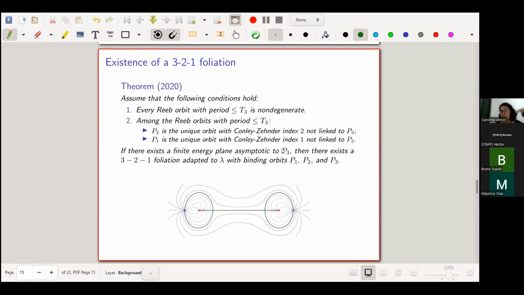And the idea is that we assume all the conditions, and we assume that every heavy orbit with period smaller than T3 is non-degenerate. So we are not assuming that everything is non-degenerate because it's very hard to check, but we are assuming that the orbits that have period smaller or equal than T3, which will be a finite set of orbits, are non-degenerate.